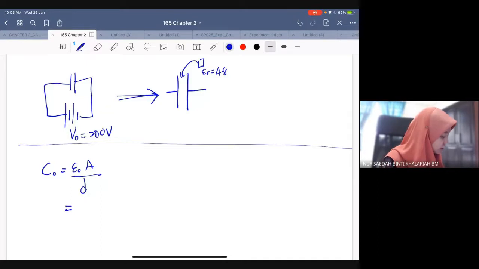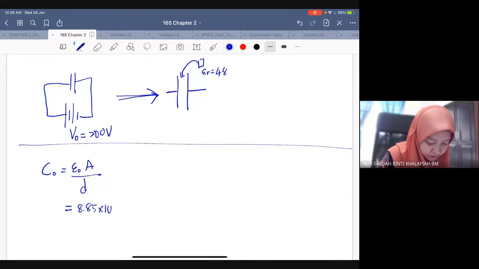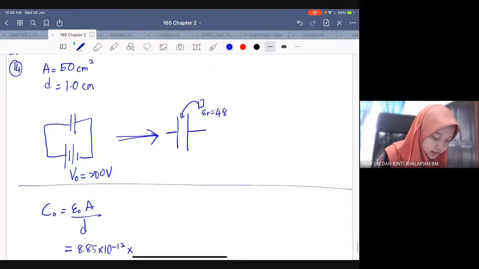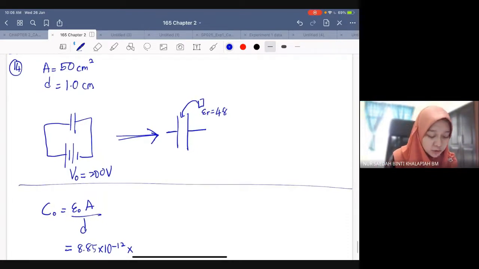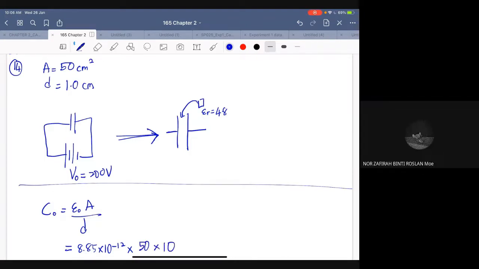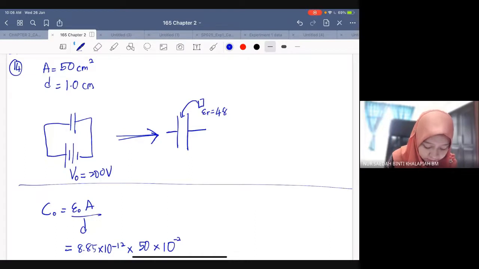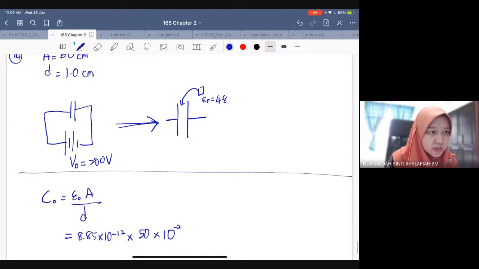So epsilon naught, berapa nilai constant kita? Boleh tengok dekat nilai constant, 8.85. Eksponen berapa? Permittivity, negatif 12. 8.85 eksponen negatif 12. Area kita 50 cm square. It is not SI unit. So 50 cm eksponen berapa? Negatif 2. Ni adalah power prefix, right? Lepas tu kita kena squarekan.